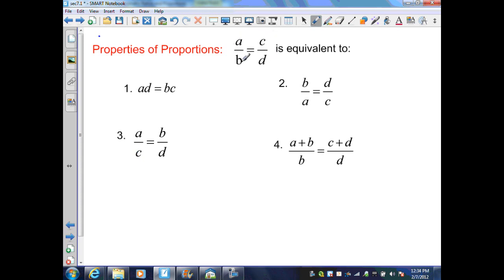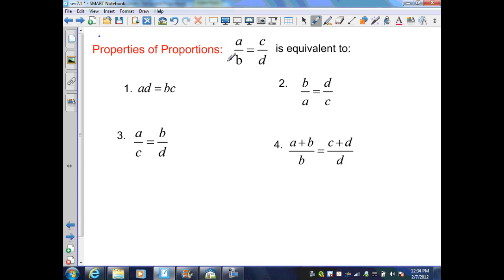Back to my original proportion, I took the 2 numerators and put them over top of each other, a over c. Therefore, I'll follow the same pattern and put b over d, and that is my solution. On number 4, a plus b over b. Therefore, I must take the numerator plus the denominator over the denominator, which is c plus d over d.